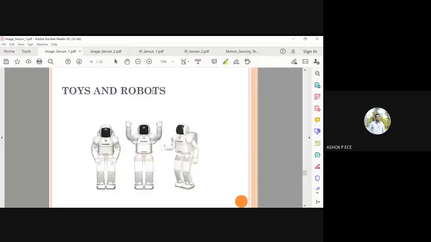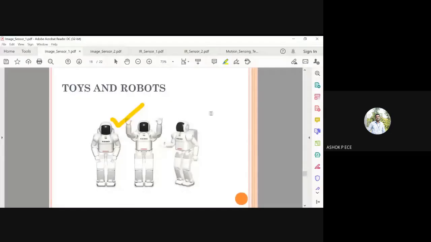So you can have a 180-degree view, a complete view. When you turn, you can have the remaining 180 degrees view of what objects are around you, and you can plan your movements accordingly. So either you are going to turn right or turn left, or you are going to move forward or backward.